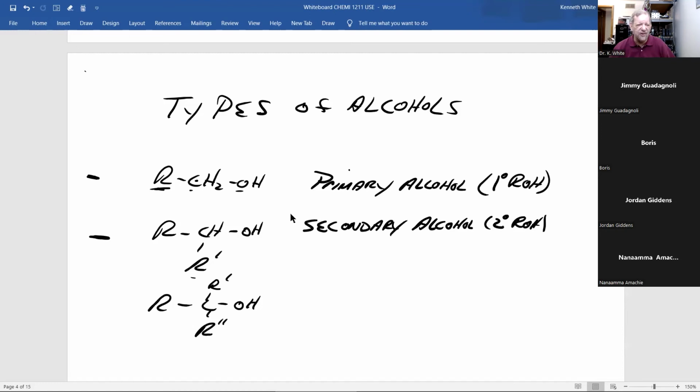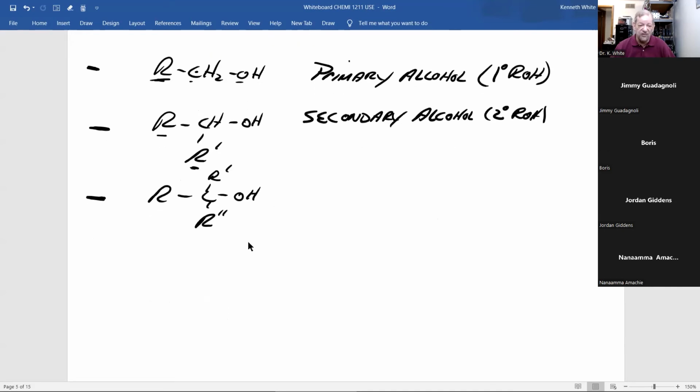Just like in math, you have X and Y as different variables, R and R prime tells you these can be the same or different amount of carbons or structures, carbons and hydrogens. Secondary means there's two R groups, same or different, on the carbon of an alcohol.